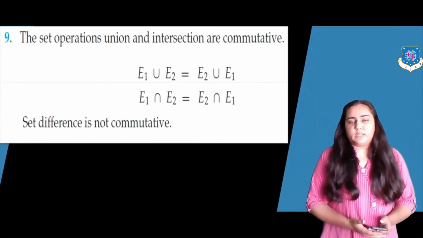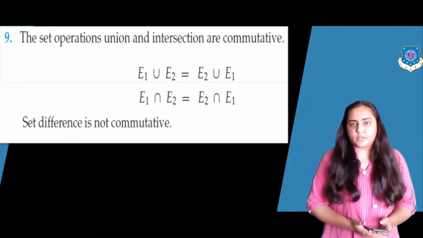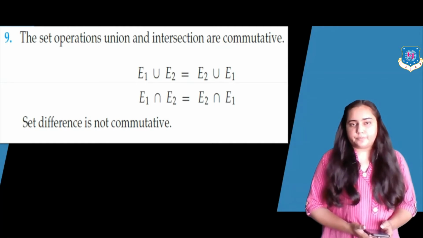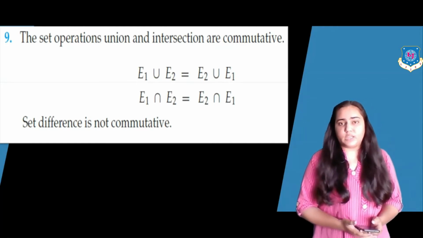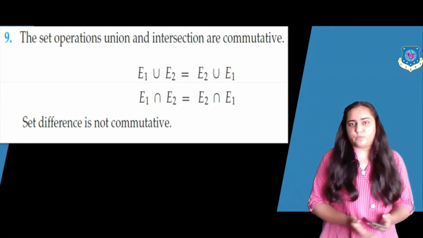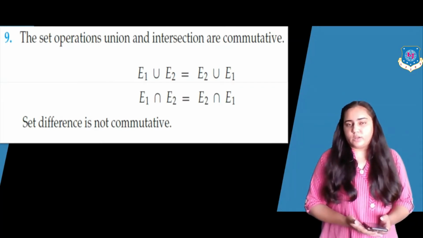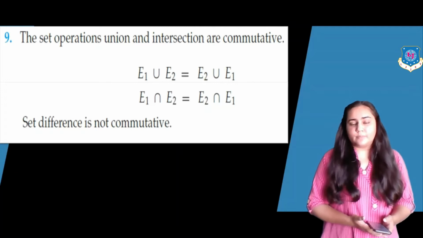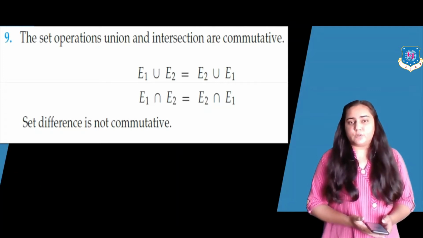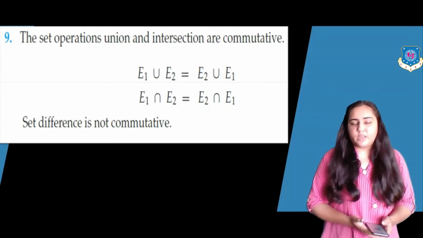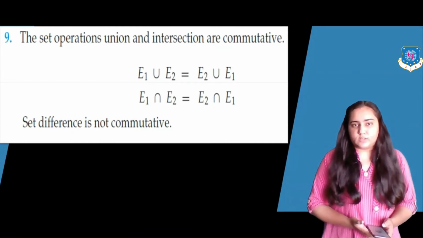Rule number 9 says that set operations, that are union and intersection, are both commutative, which means if you do E1 union E2, where E1 and E2 both are tables, you can also do E2 union E1, giving you the same result. Similarly, if you do E1 intersection E2, you can also do E2 intersection E1, giving you the same result.